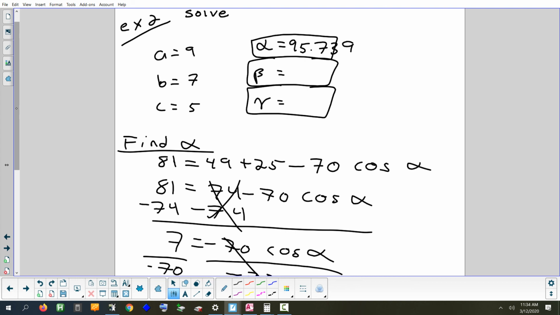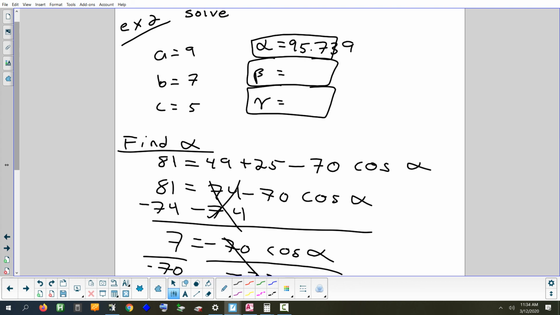They were all the same length. Well, if they were all the same length, what would that mean? The angles would be the same. They would all be 60. So if all the sides are the same, it's equilateral, you don't even have to do law of cosines at all. But we're on the right track if it was isosceles.